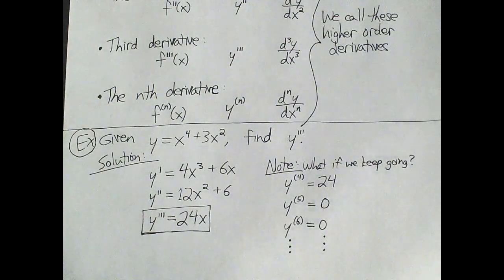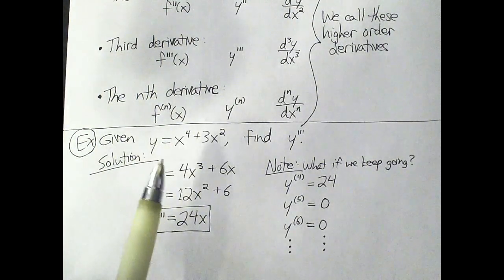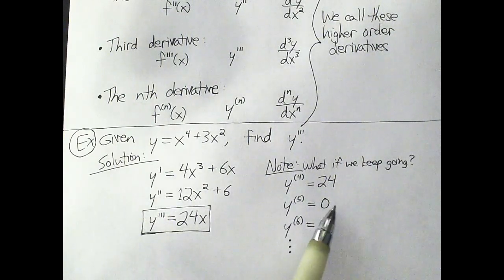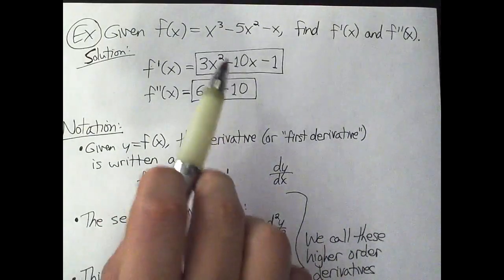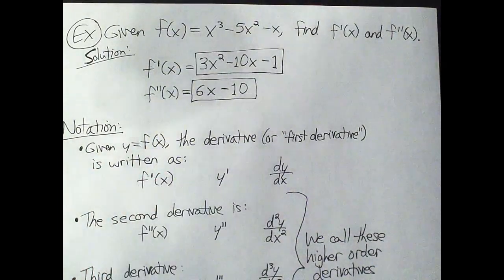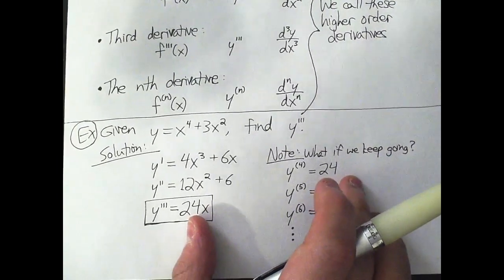You might be wondering, does that happen to every function? Is it true that for any function, if you take the derivative enough times, you'll eventually just get to zeros? You could try another function if you're curious. You could try that with this one up from earlier, and the same thing will happen. But does it happen for every function?